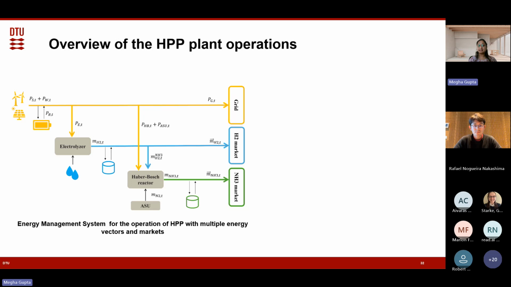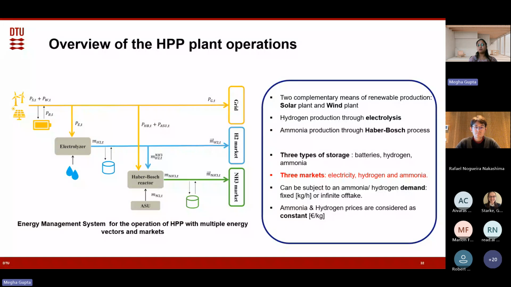It might be possible that in some instances it is not profitable to produce ammonia and just using the hydrogen market. So all this analysis we have also done, but this work is not yet published, so I could not put some results here. But just to give an overview of how we are modeling power to ammonia in HyDesign, I have just tried to put one slide over here.